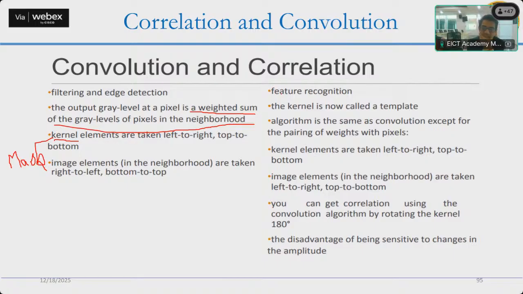Kernel elements are taken left to right, top to bottom. You can get correlation using the convolution algorithm by rotating the kernel. Disadvantage: it is sensitive to changes.